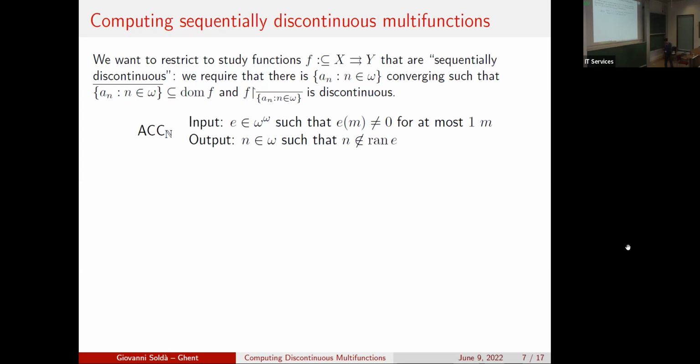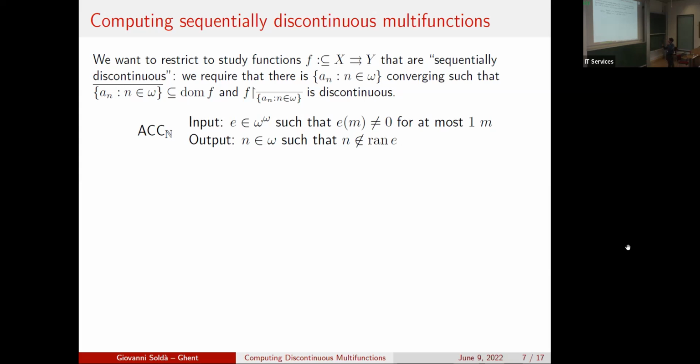And a function that will be very important in the study of these problems is the following: ACCN, which stands for all-or-co-unique choice on N. This is the problem that works as follows. You're given as input an enumeration of a subset of the natural numbers which contains at most one point.